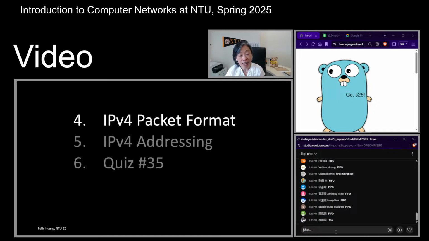Towards the end, you will hear Polly start counting the size of the packet header, and you will hear that the IPv4 packet header is 20 bytes long, which is the same size as the TCP packet header. So now you should have a mental picture that the IPv4 packet header is just as complex as the TCP packet header. Pay attention to this video.